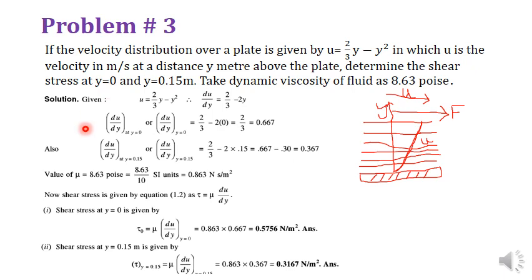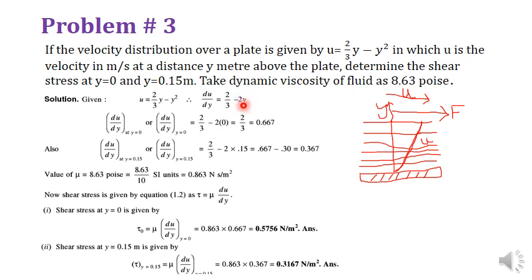The first part is that you need to determine the shear stress. Before determining the shear stress at any y distance, you must know the velocity gradient at that particular y distance. So the velocity gradient du/dy will be equal to 0.667 at y equal to 0. Then at y equal to 0.15, in the same equation you input your values, it will be 0.367.